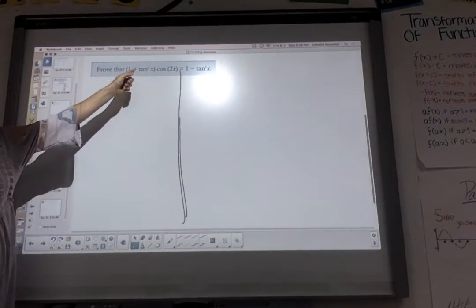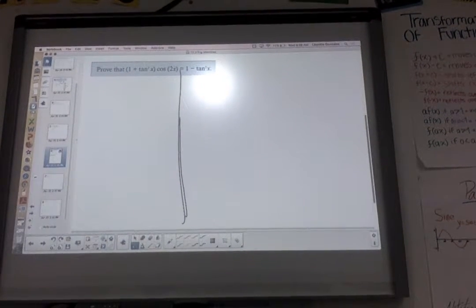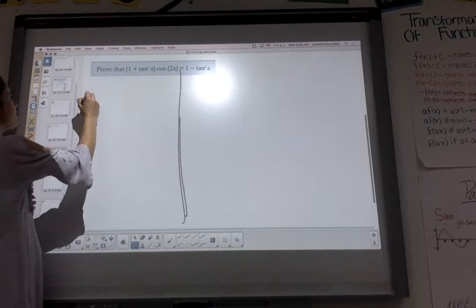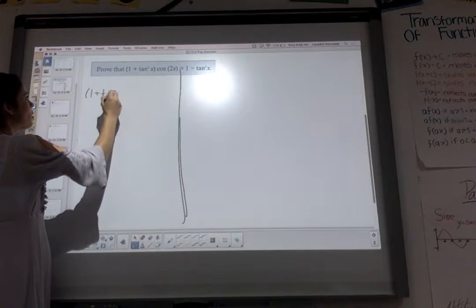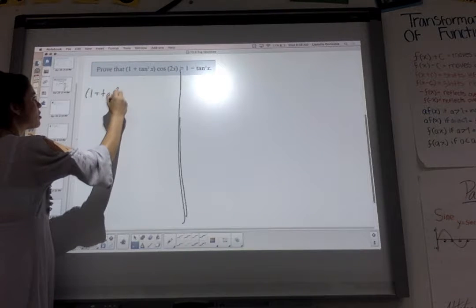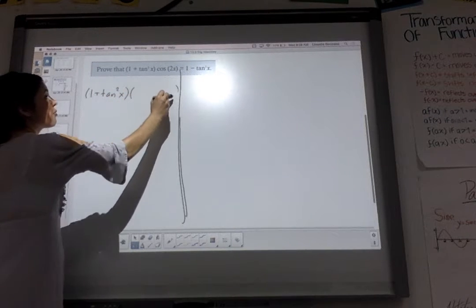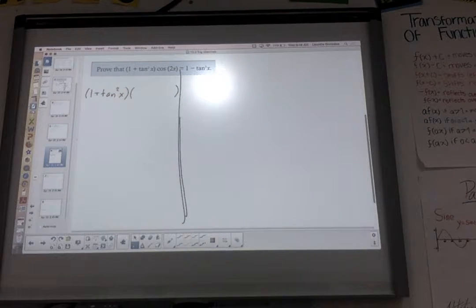So, what can we substitute for here? You have the cos x, but what do you want to substitute for cosine of 2x? You have 3 options, my friends.